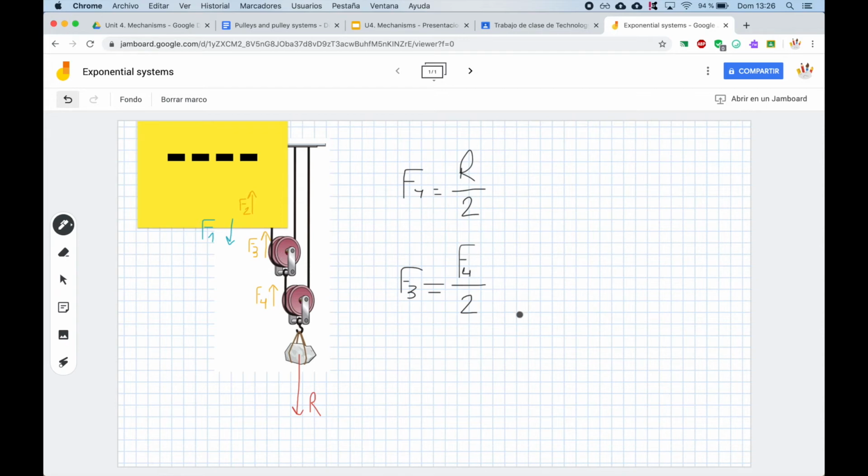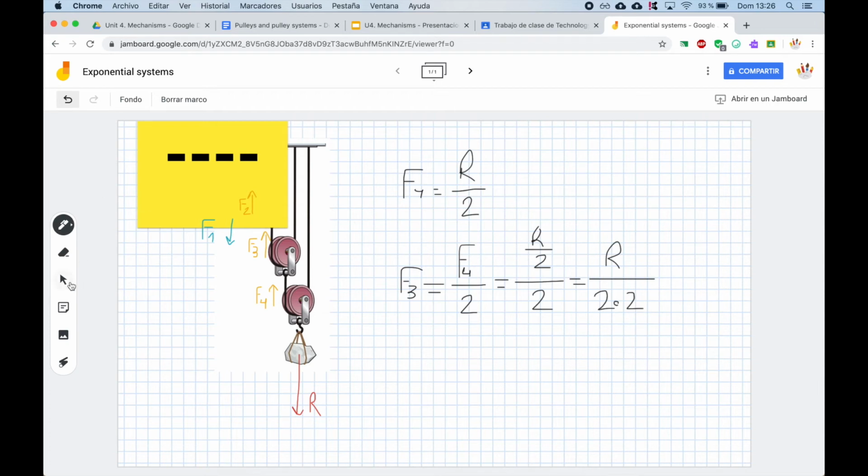And what is F4? F4 is R divided by 2, so R divided by 2, all divided by 2. So we can write it this way: R divided by 2 times 2. Okay, we leave it that way.